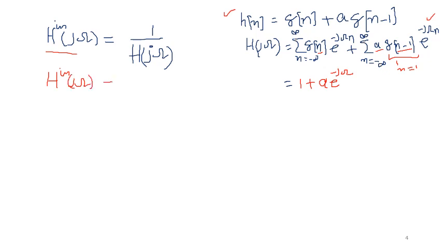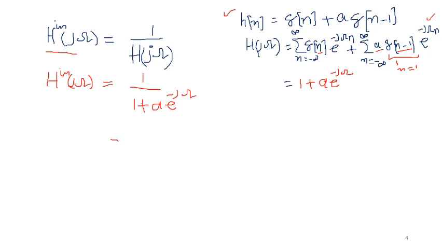So that means we have 1 over, sorry, not a, in fact it's 1 plus a e power minus j omega, right?